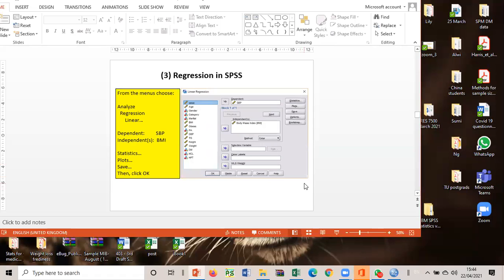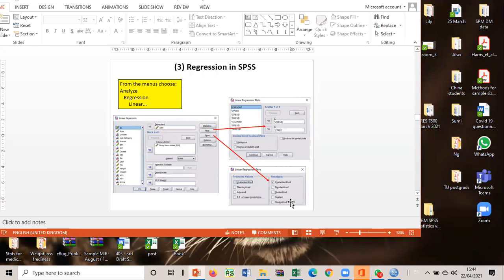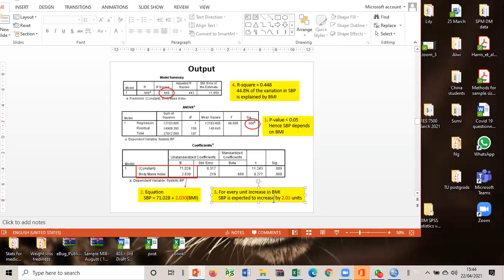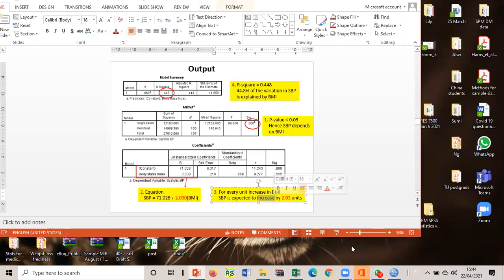Next, we do regression. And I said, we only do this if there's a cause and effect. Otherwise, don't do this. So this is what I did, and the results. Which table do you look at first? The ANOVA table.